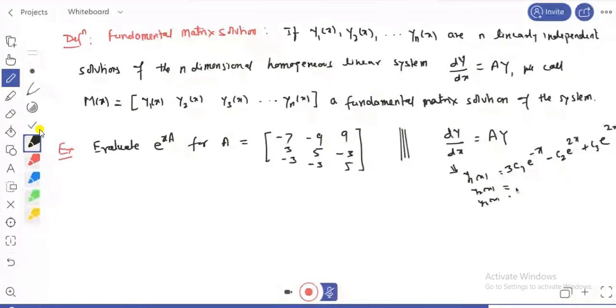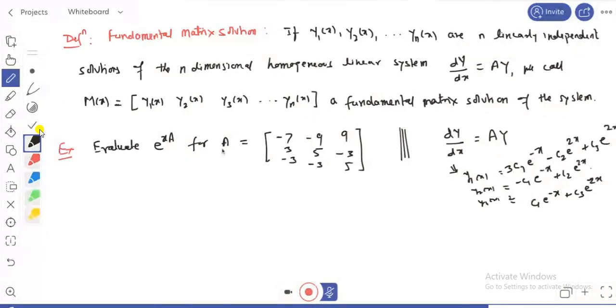And what is this thing here? Minus C1 e to the power minus x plus C2 e to the power 2x, and in what terms is Y3? Y3 is C1 e to the power minus x plus C3 e to the power 2x. Okay, so these are the solutions of this system of equations.